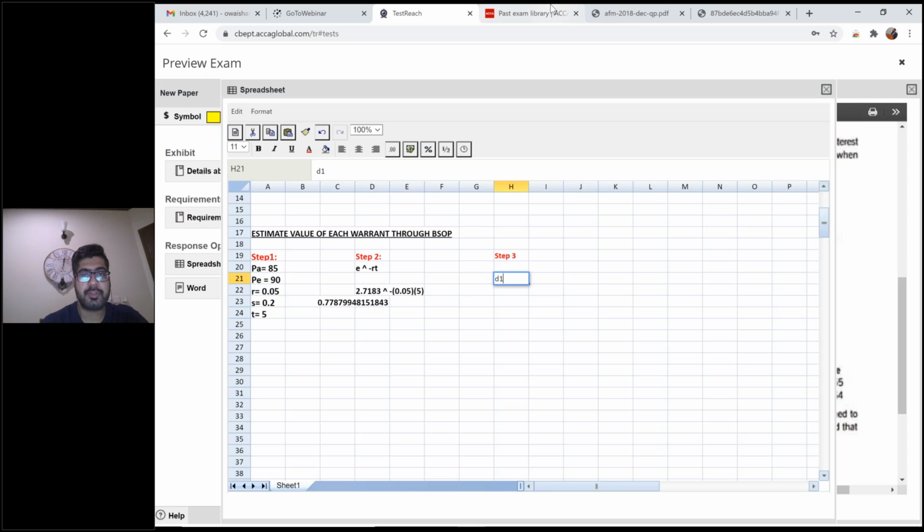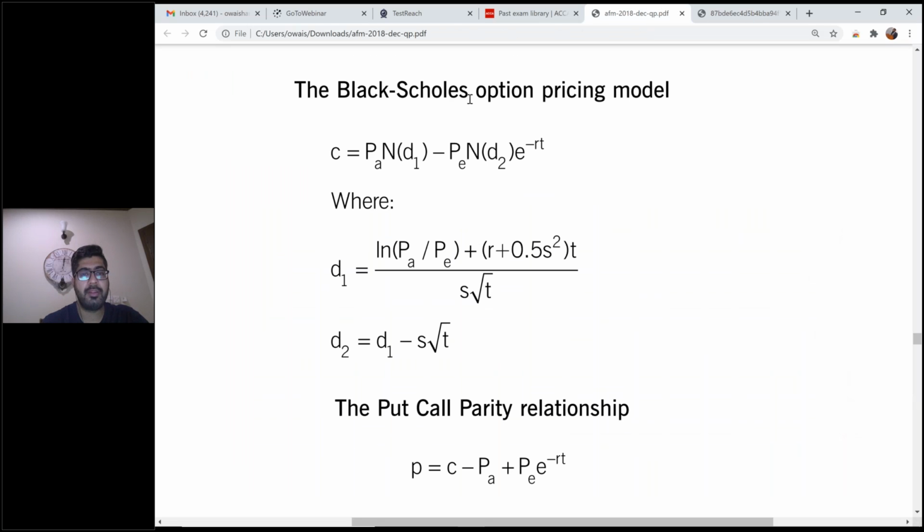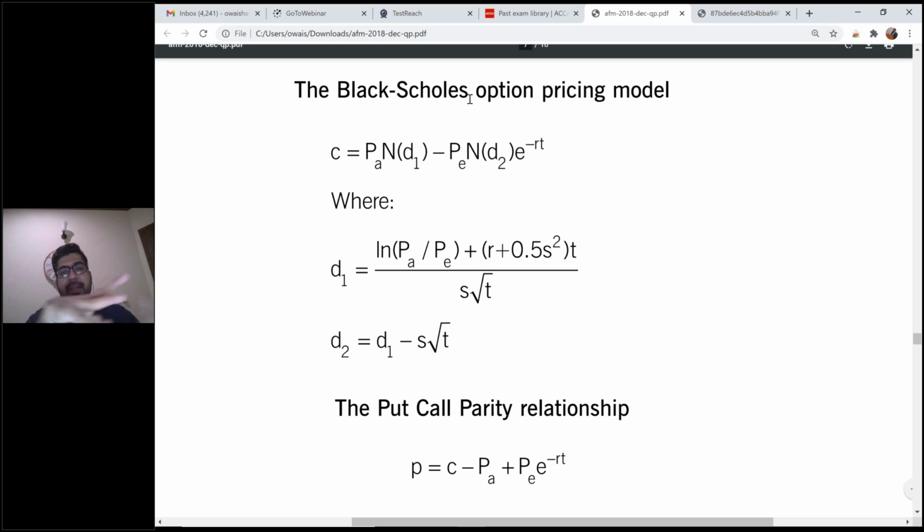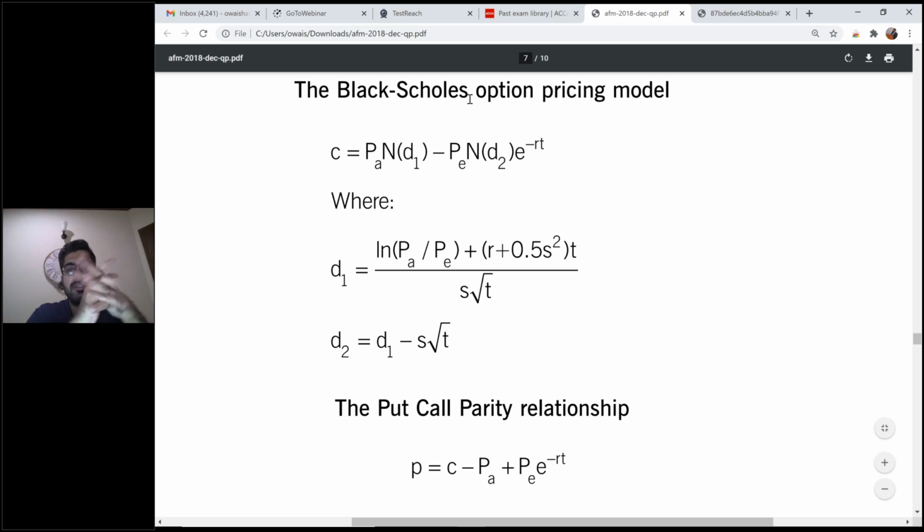Let's find D1 first. Now the formula of D1 is ln, the natural log in the calculator, bracket PA over PE, plus bracket open R plus 0.5 S squared, bracket close T, over S root T.